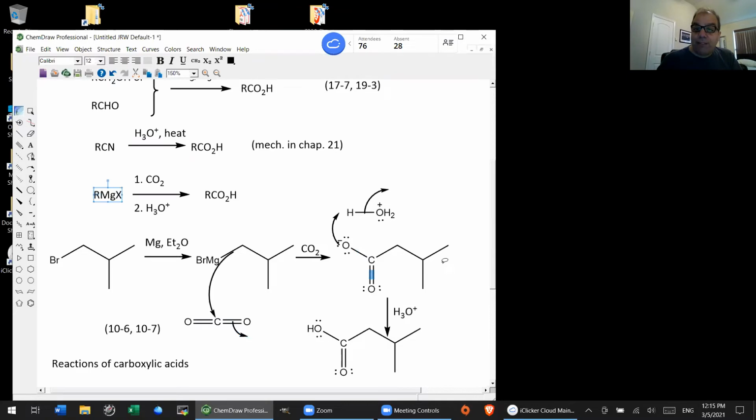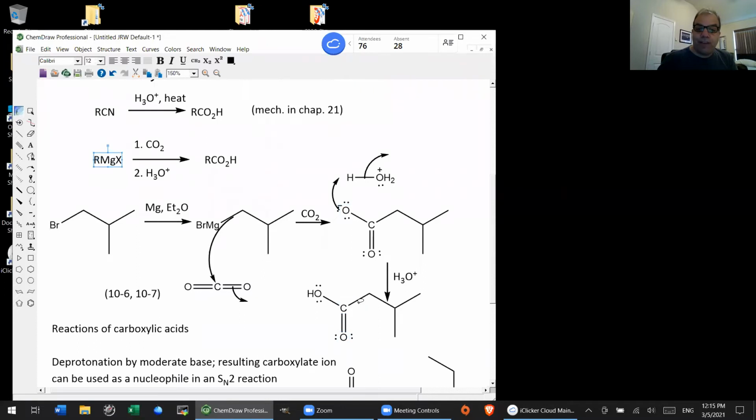And that carboxylate ion will swim around quite happily until you add aqueous acid. That will first destroy any leftover Grignard reagent or alkyllithium, since those are very reactive and we need to kill that off in order to isolate our product safely. And then it will put the proton back onto the carboxylate ion so we can isolate our free carboxylic acid.